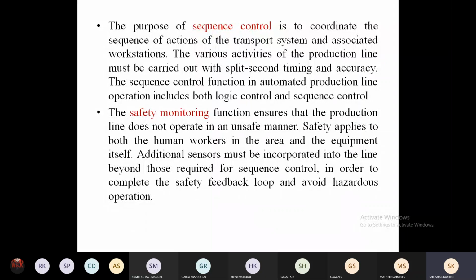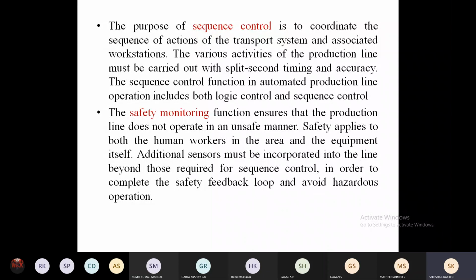Next, safety monitoring. The main purpose of going for automation is not only to get maximum output. At the same time, we have to provide safety to the human workers, along with safety to the work part and to the whole integrated system. So safety monitoring devices are often provided within the work line at specific locations.